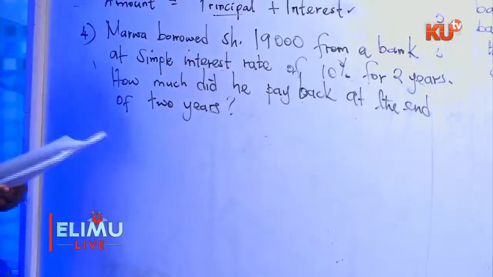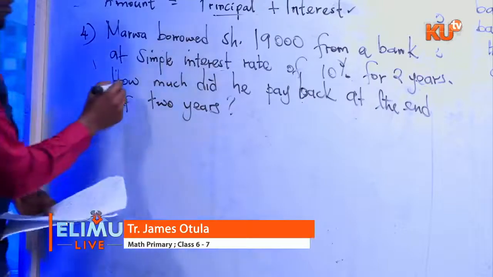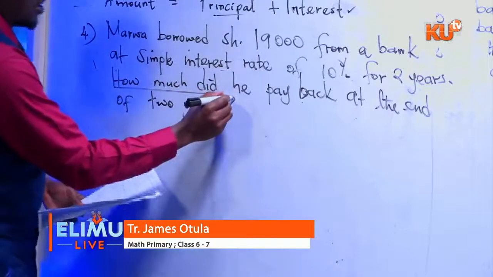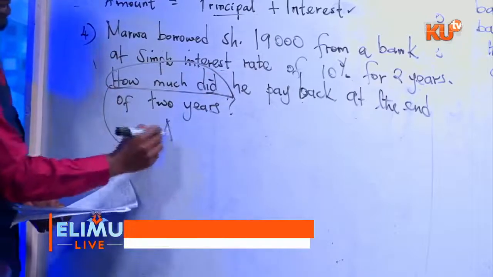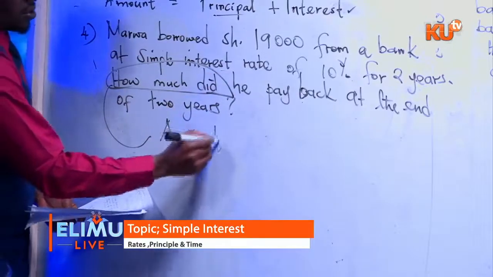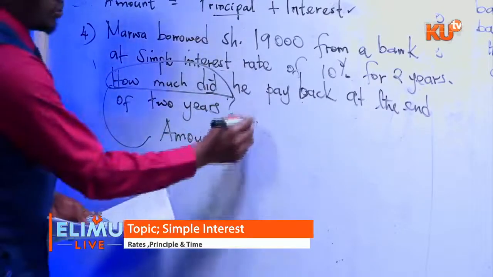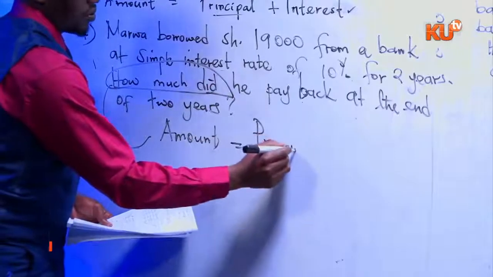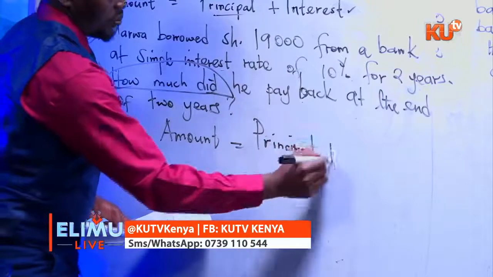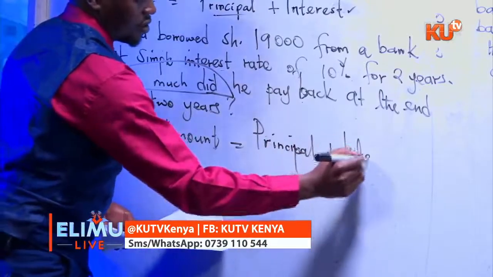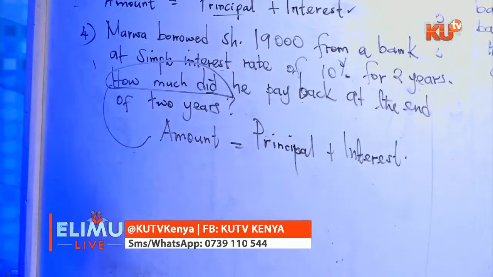The moment you hear or you read the word how much, you should know that what is needed here is amount. So you simply come and write your formula. Say that amount is equal to principal plus interest.